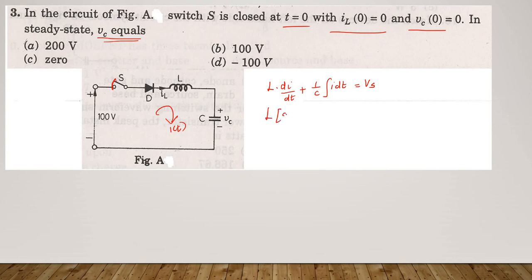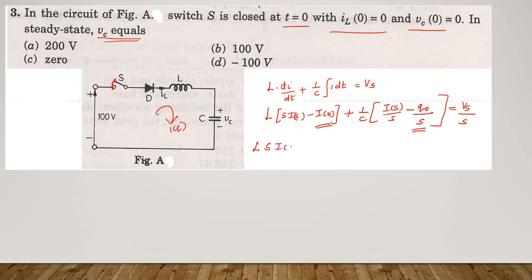So L into (S I of S minus I of 0) plus 1 by C into (I of S by S minus V0 divided by S) is equal to Vs by S. All the initial conditions are 0. Inductor, the initial condition is 0. Capacitor also 0. So put 0 here, here also have to put 0.